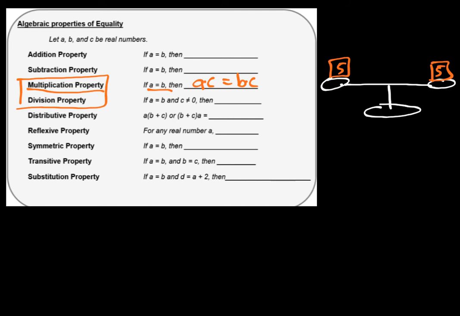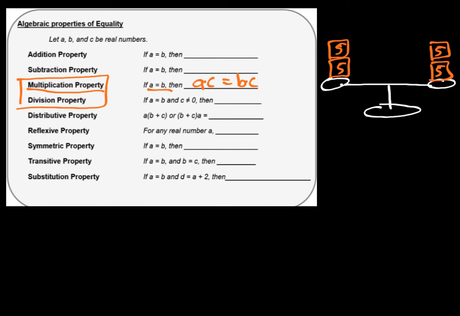So if I want to double the amount on the left side, I would just put another 5-pound weight on there. If I wanted to double, and again, when I say double, what I mean is multiply by 2. So multiplying by 2 is the same thing as doubling. So if I double the amount on the right side, I would have another 5-pound weight, in which case they are still balanced. They are still equal. Okay?